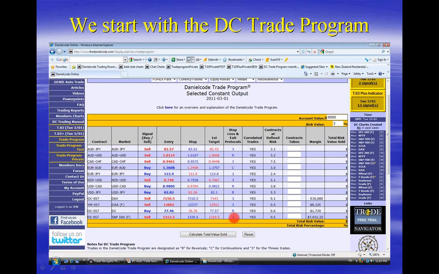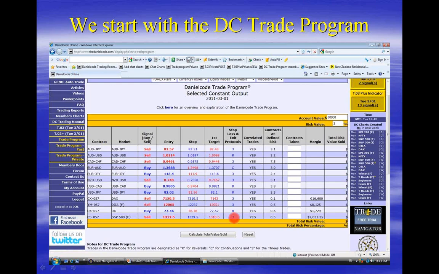The 3-3 is very easy. Your stop goes above or below the swing, the appropriate swing for the day. You don't move your stop during trading, and you simply exit at the first profitable close. The R's, the reversals, are a little more complex, and we'll come to those.